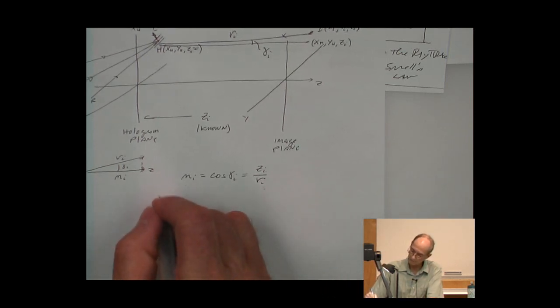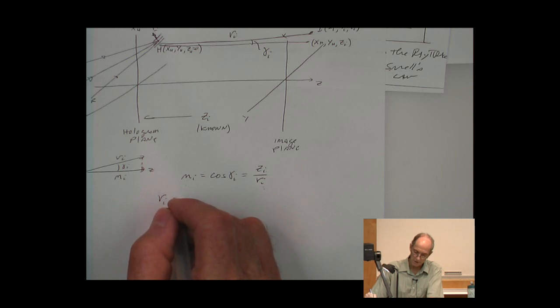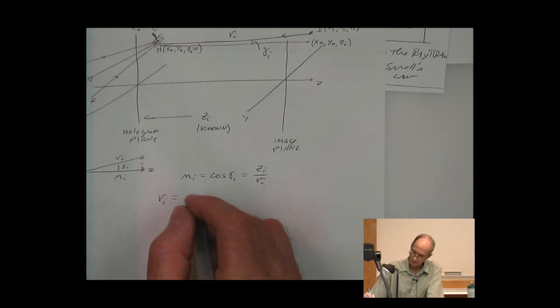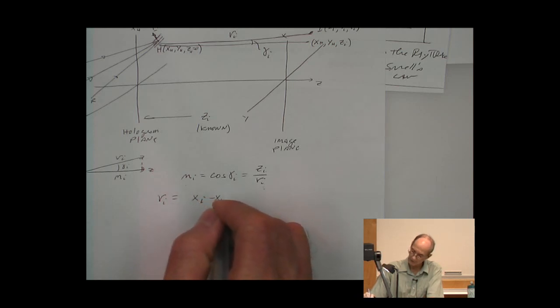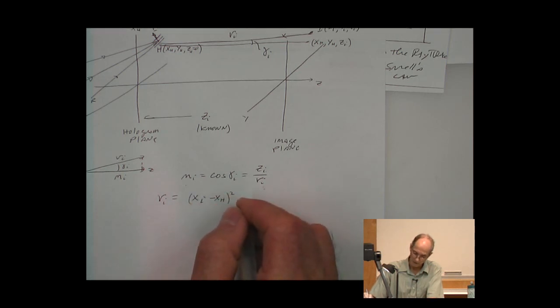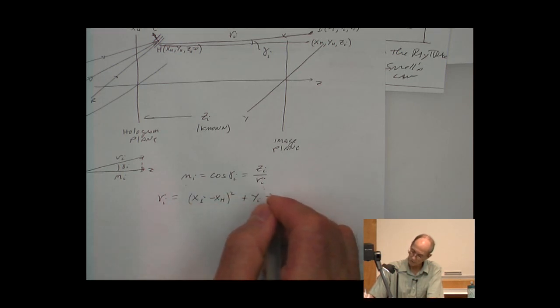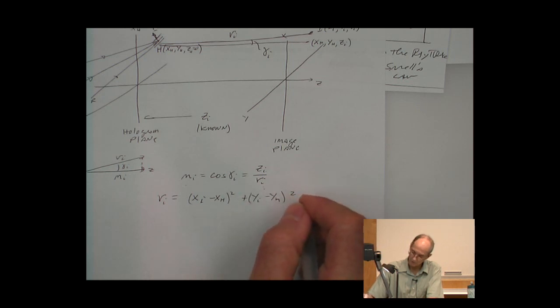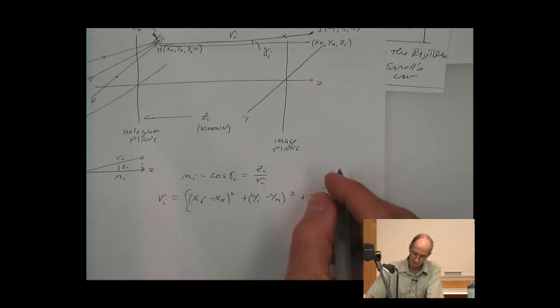So Ri is just going to be equal to xi minus xh squared plus yi minus yh squared plus zi squared, all of that to the 1/2.